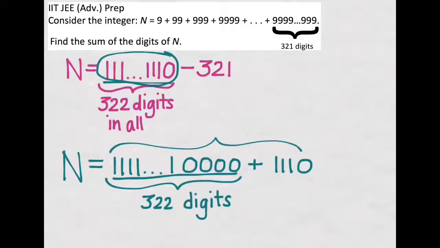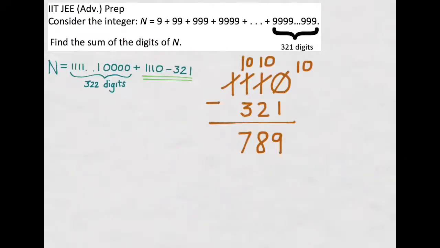And now we just have to subtract 321. So all we really have to compute is 1,110 minus 321. Also, I forgot to mention previously, but no calculators are allowed. Anyways, we end up with this difference being 789.